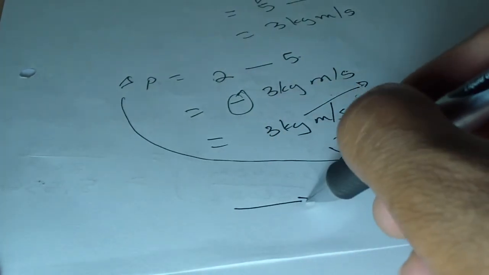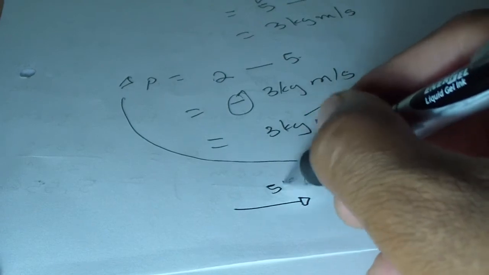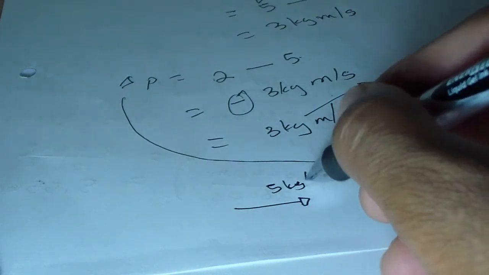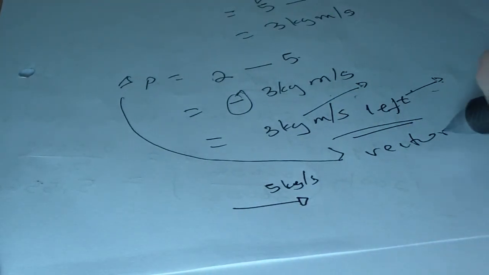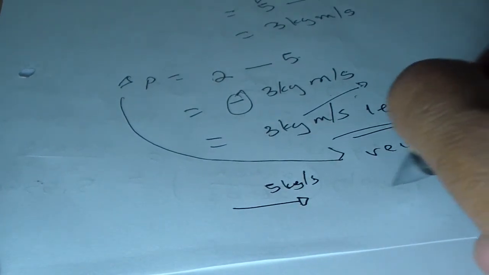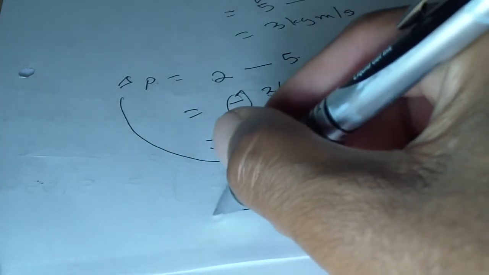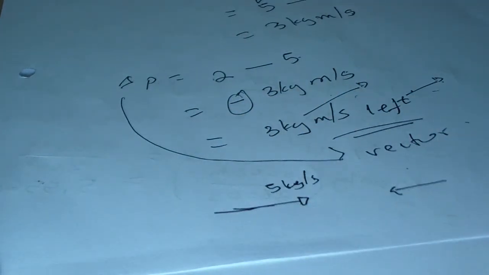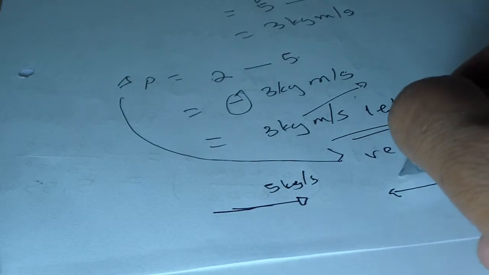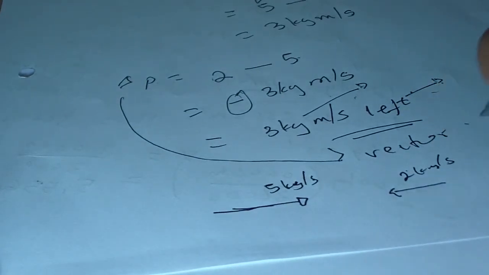Remember, I had 5 kg meters per second there, going in this direction, and I had 2, so the arrow for 5 kg meters per second has to be longer than that of the 2 kg meters per second.